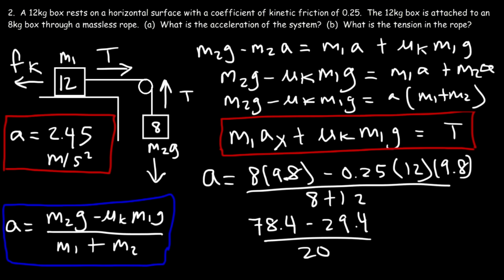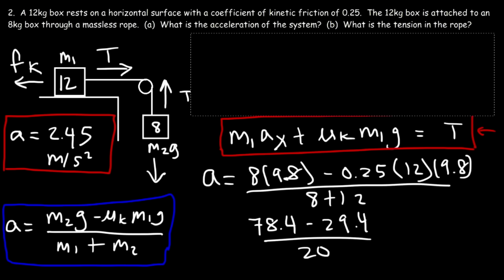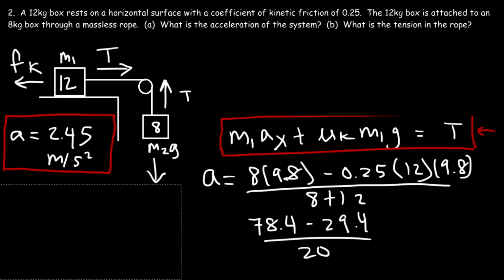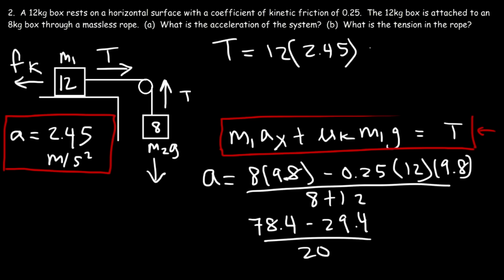So now that we have the acceleration, we can now calculate the tension force. So let's go ahead and do that. So m1 is 12, the acceleration is 2.45, plus mu k times m1 times g.